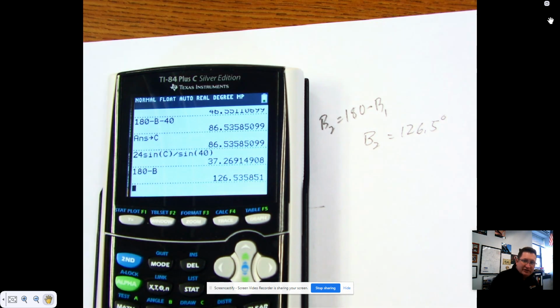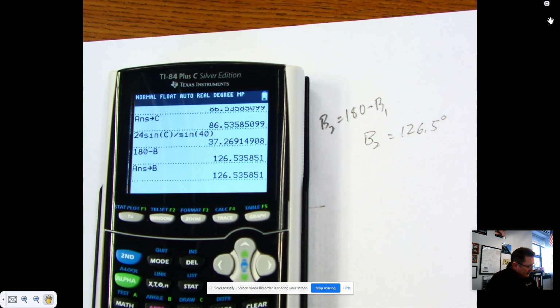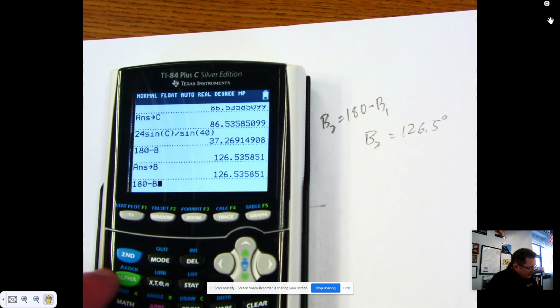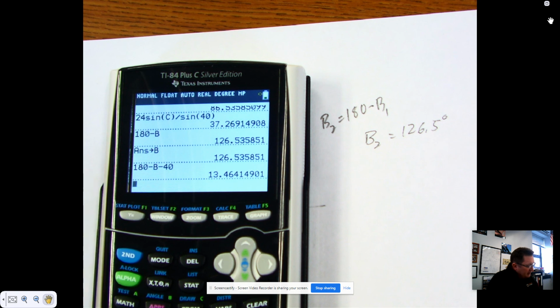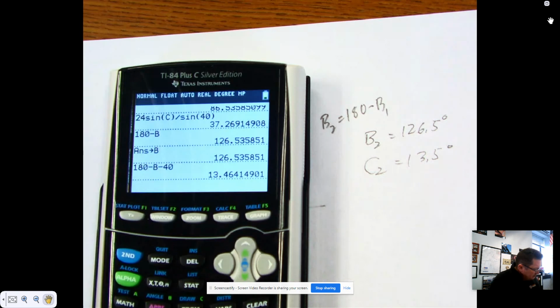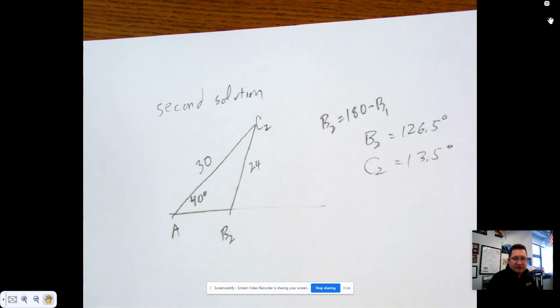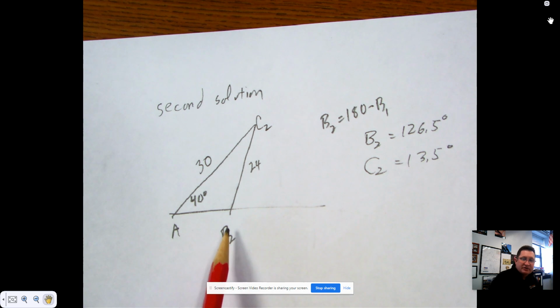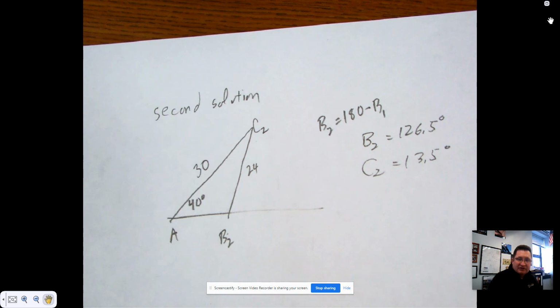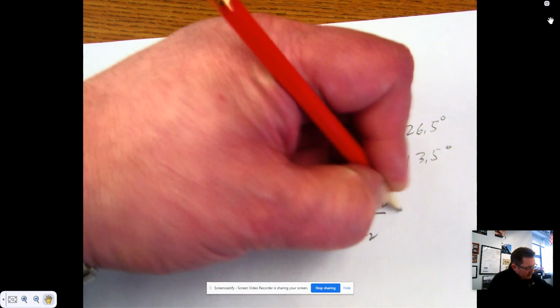We don't need the original B anymore, so we can just store it as B. So B2 is 126.5, and C2 is 180 minus B minus 40, which was A, so C2 is 13.5 degrees, and we'll store that as C. Now let's take a look at the picture and make sure that makes sense. Does it look like B2 might be 126 degrees and C2 might be 13 degrees? I think it does.